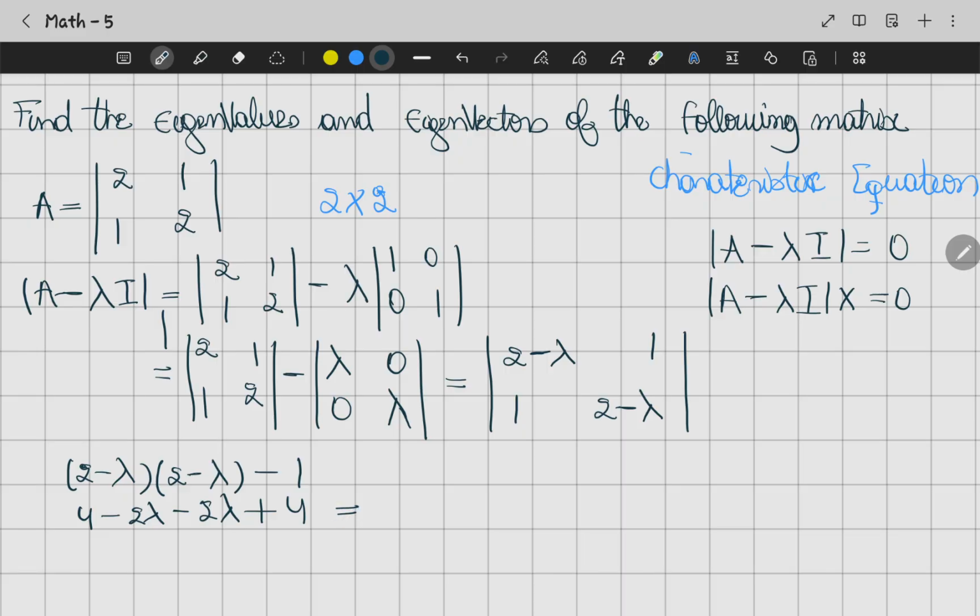and then this will give us, let me just move it, and then we get 4. It's actually 1 here, not 4.